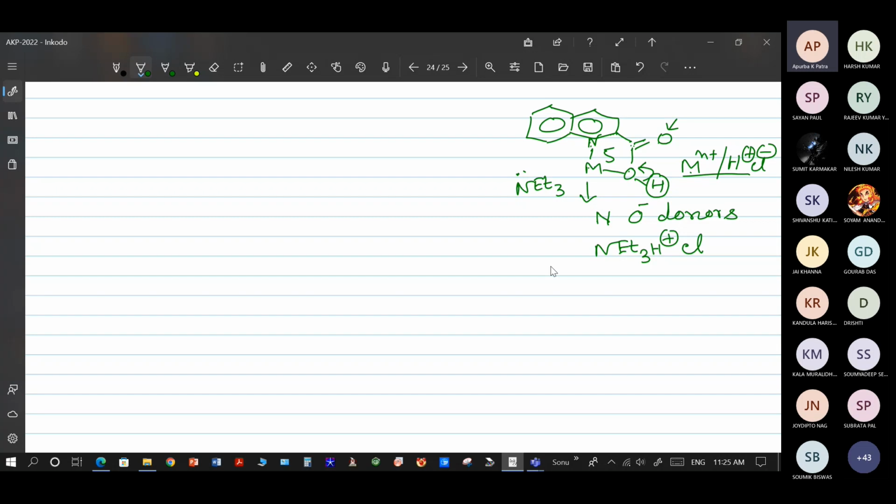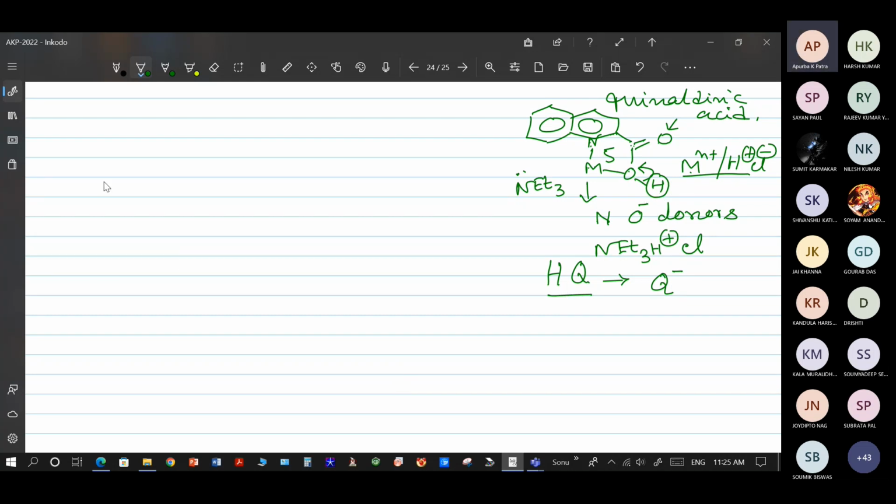This is known as HQ, the quinaldinic acid. And if it gets deprotonated, it is going to form the Q minus ligand. Otherwise it will be HQ, where H means the dissociable proton.